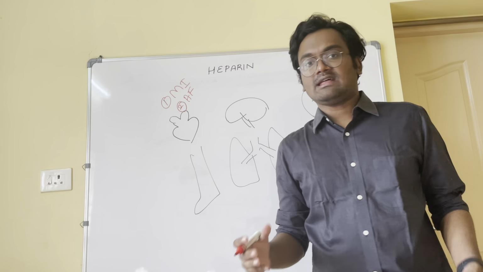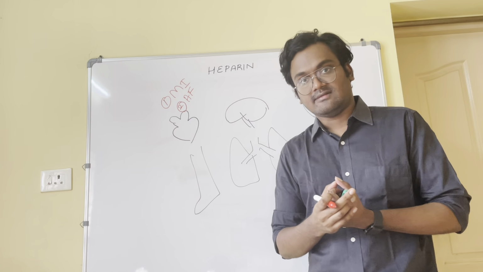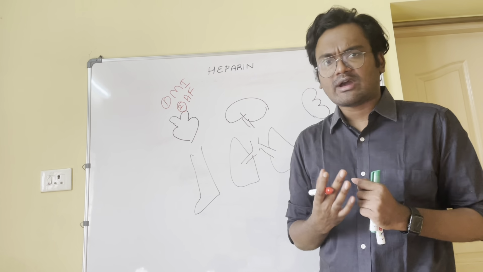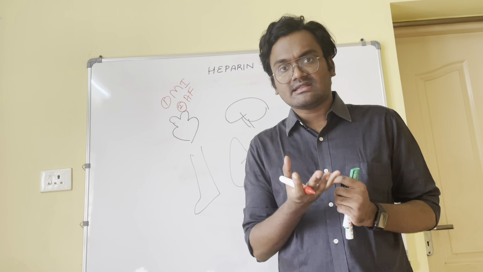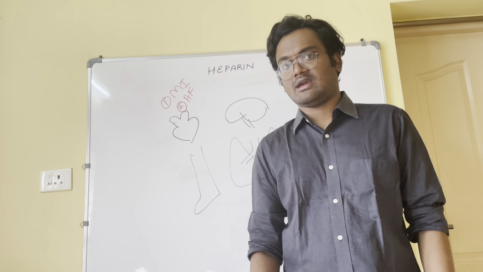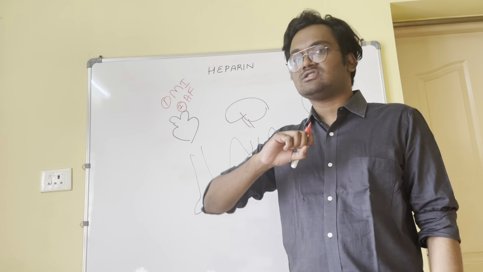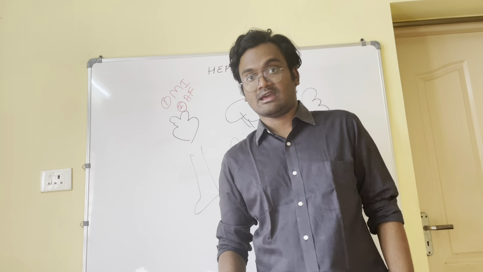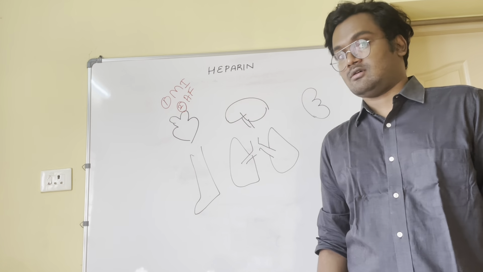Whenever the heart beats irregularly, as in atrial fibrillation, there is formation of thrombi. This can get splattered into the circulation and go to various organs. At this time, you use heparin.